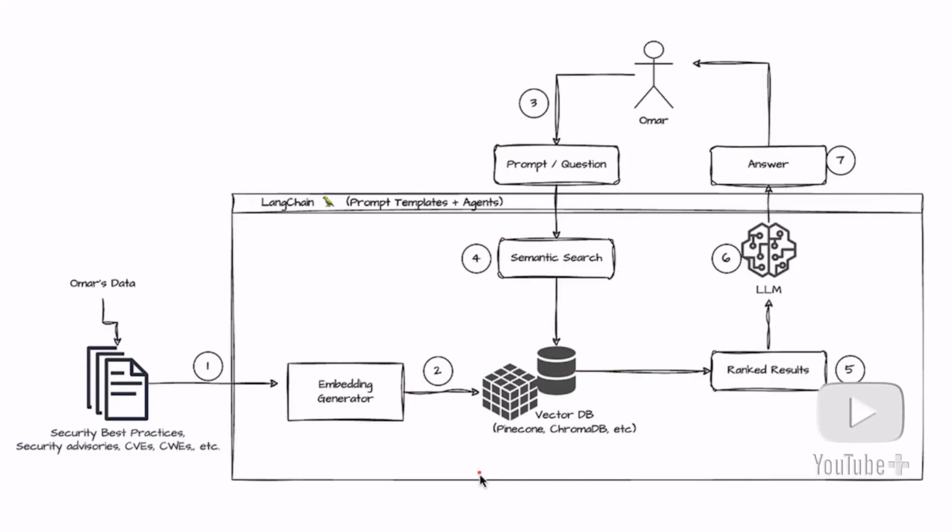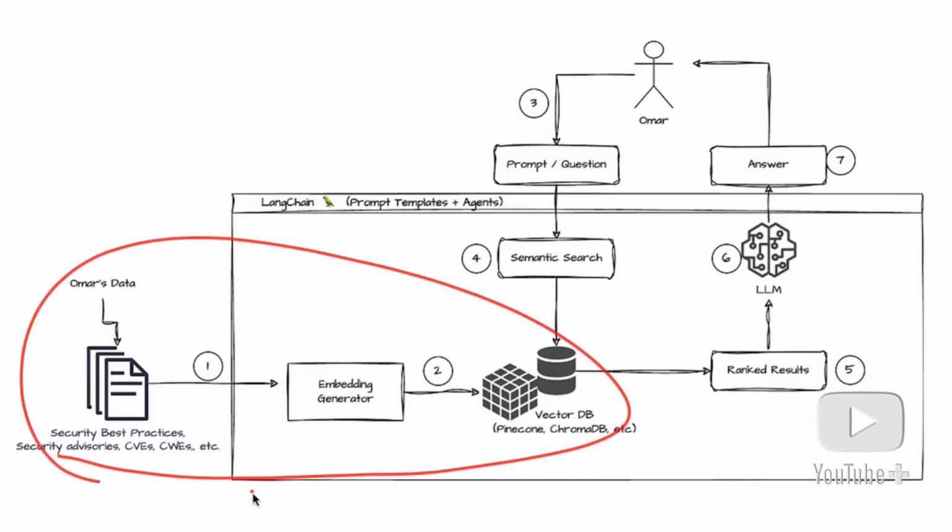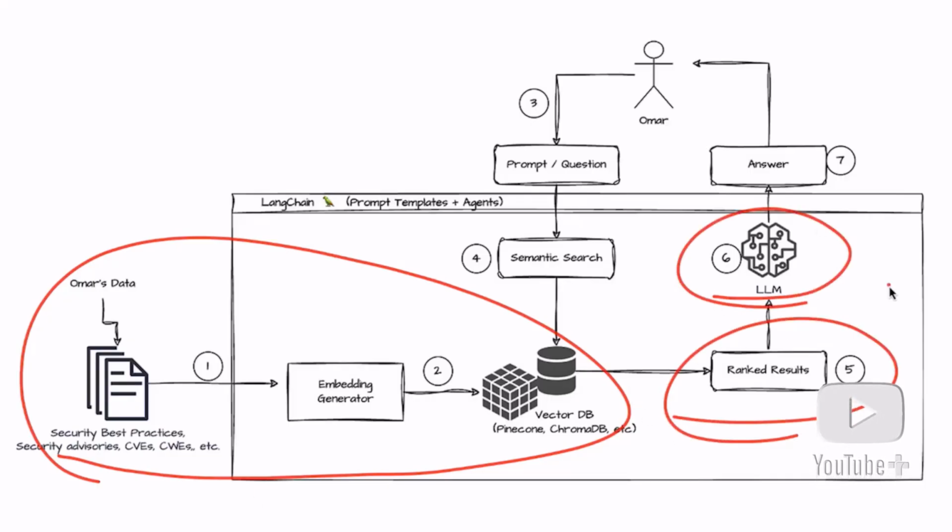So if I was going to summarize how RAG works, it basically operates in two main phases. Basically, the ingestion of documents, so the document loading, and then of course the storing of those documents in a vector database and so on, and then the retrieval of those documents and the semantic search, and of course the generation of the content, or the task that you gave the LLM or the AI model.